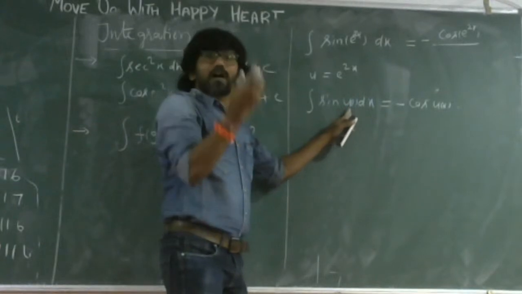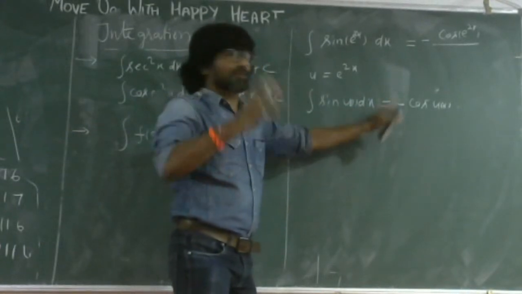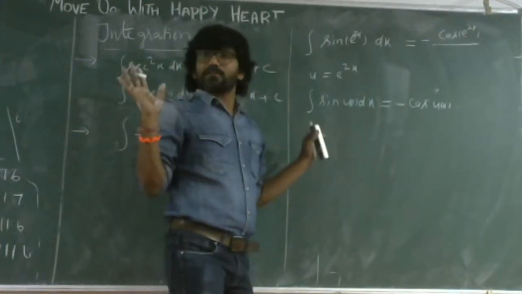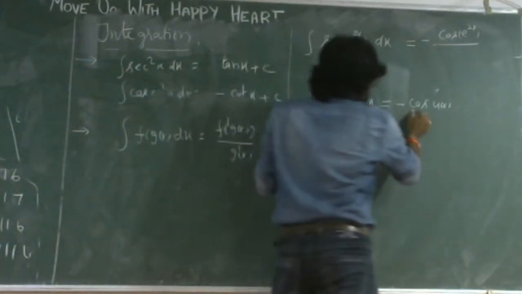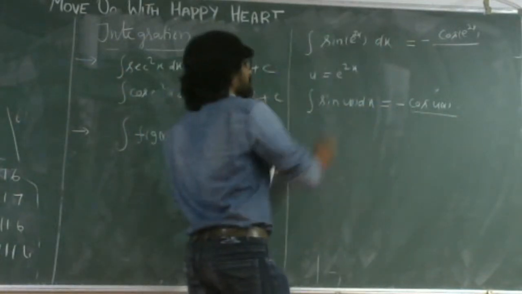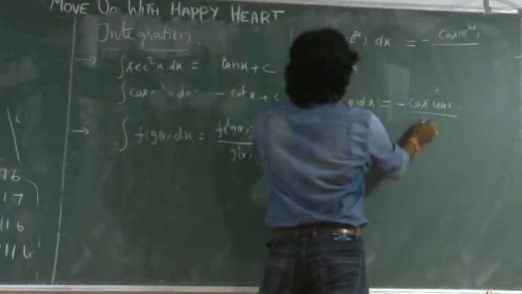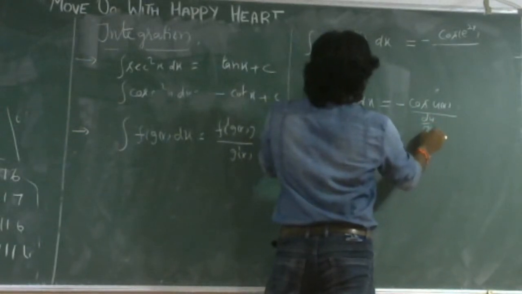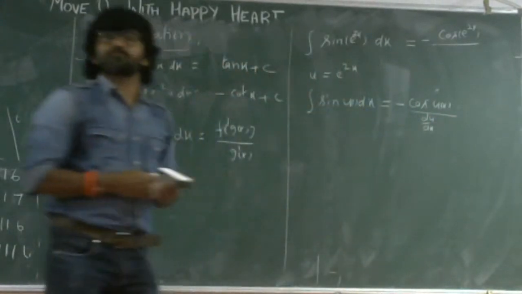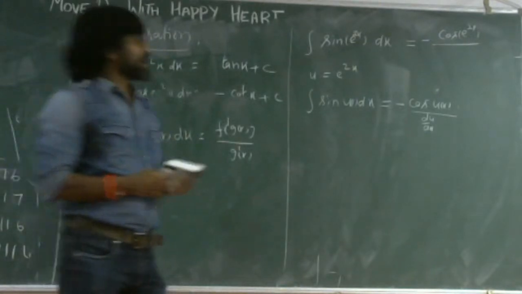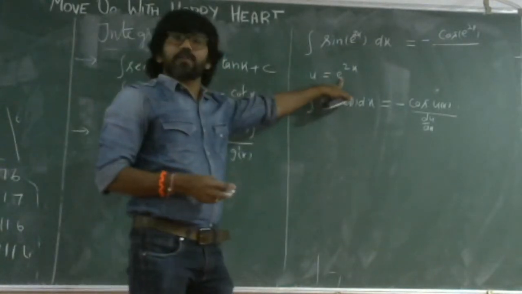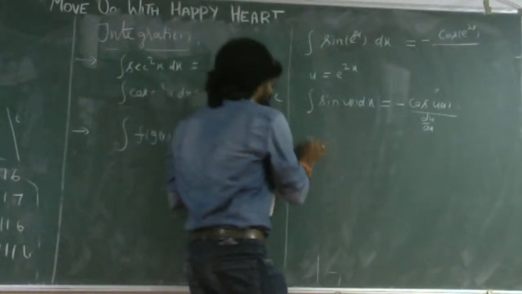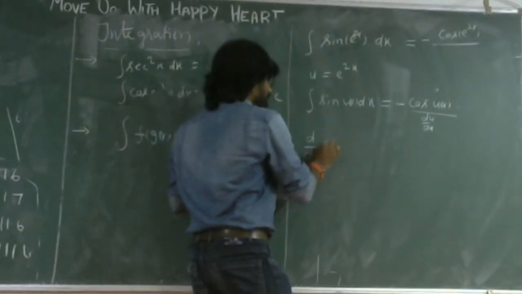The integral of sin of u of x dx is equal to minus cos of u of x divided by du by dx. That du by dx is the derivative of e power 2x.